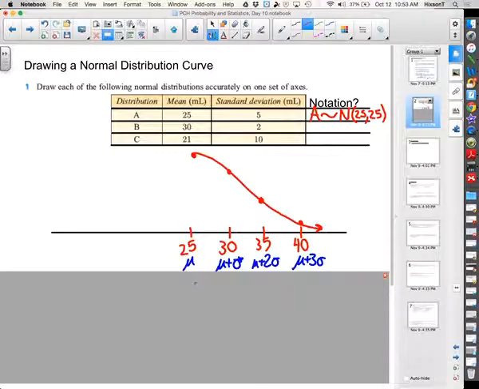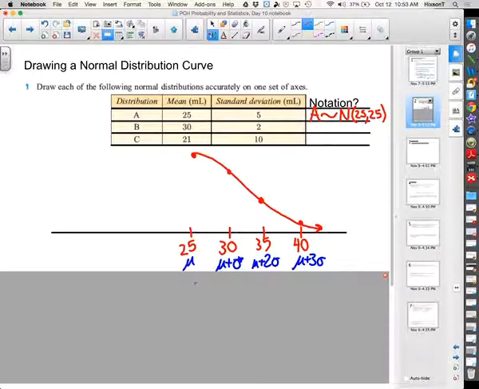Now, question, what's the probability that my value equals 30? That a random variable equals 30? Oh, we said this one of the first things. 0, okay? What's the probability of us actually hitting any one value exactly?